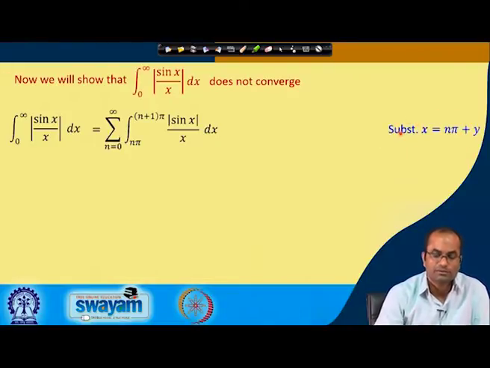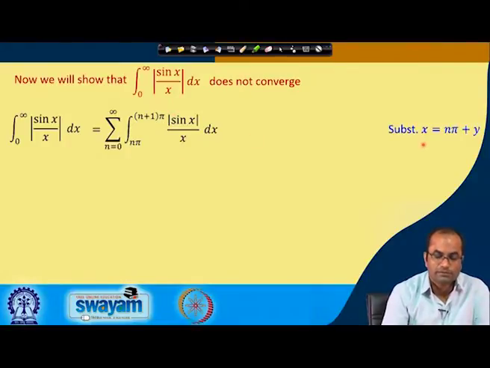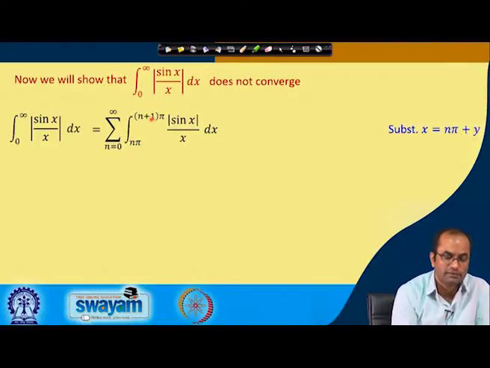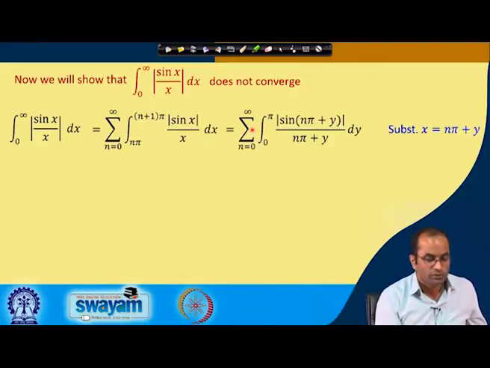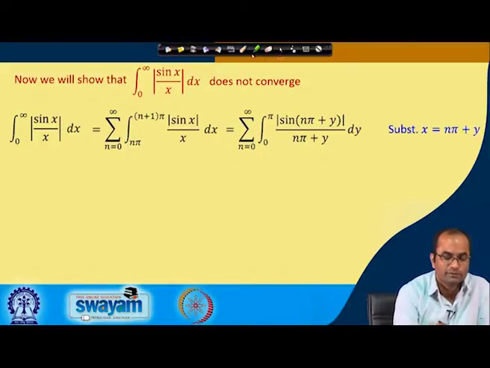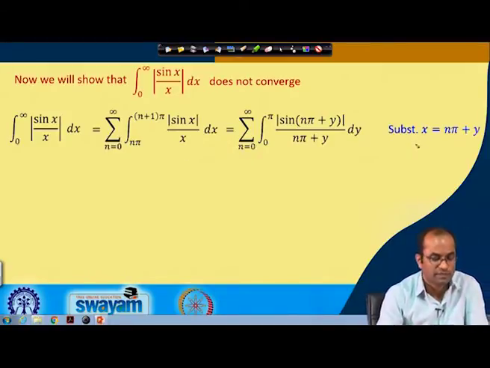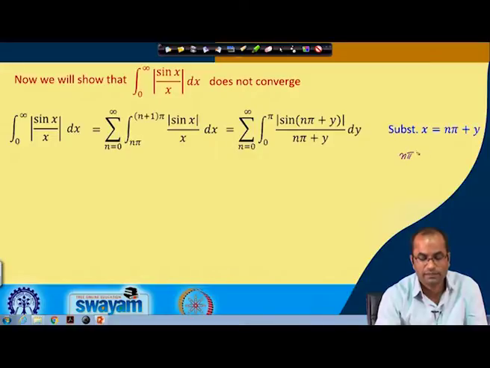By substituting this, dx will become dy, and the limits n pi and n plus 1 pi will be replaced accordingly. When x was taking the lower value n pi, in the relation x is equal to n pi plus y, the y will take the value 0.